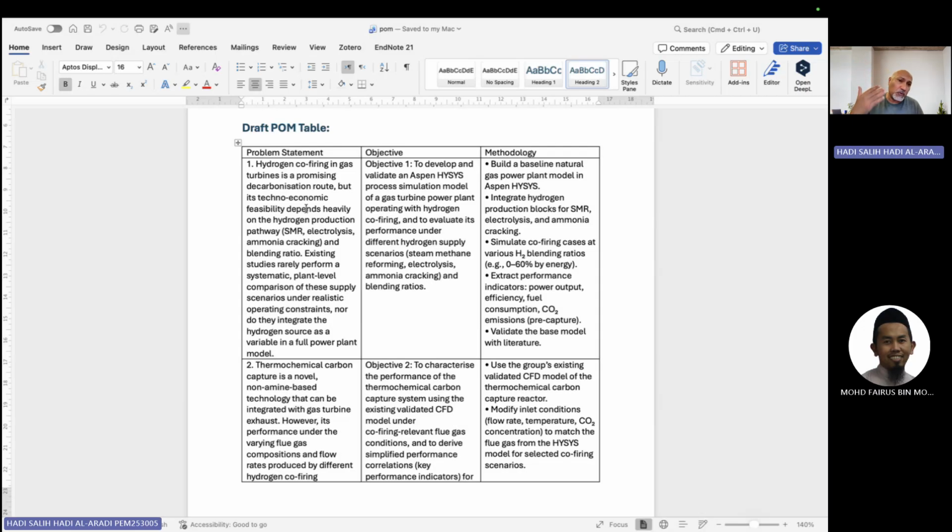So shall I do this step in the writing? You mean start by focusing on hydrogen? Yeah, because there are many pathways to produce hydrogen: SMR, electrolysis or ammonia cracking. So we will choose one of them. Are you talking about production or consumption? Production, the hydrogen production.